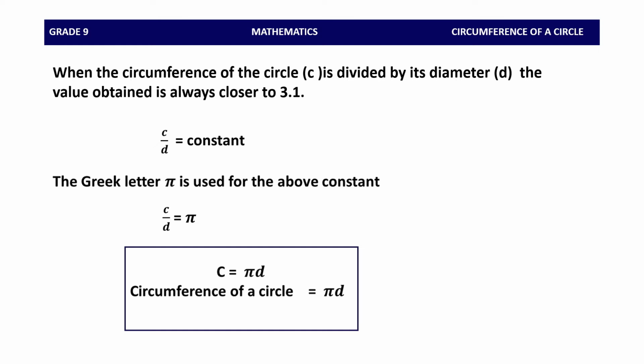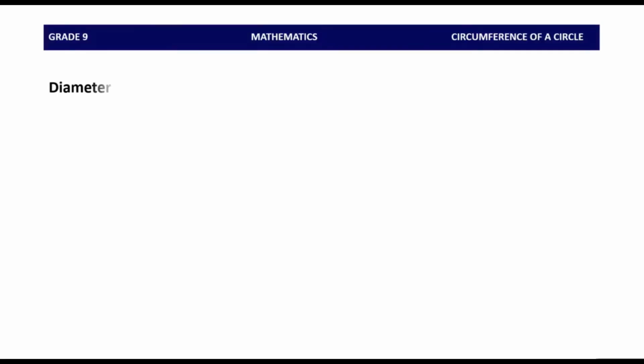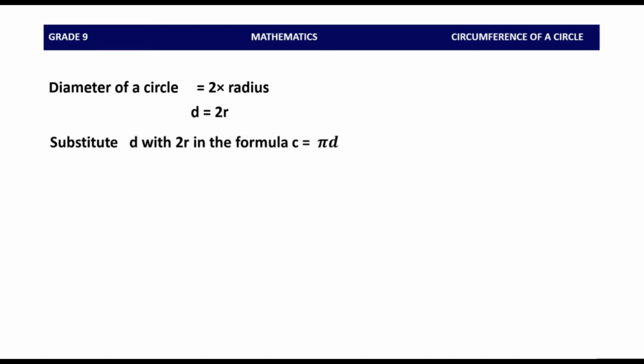And you know, for any circle the diameter is 2 times the radius. So we can write D equal to 2r. Substitute D with 2r in the formula C equal to pi D that we obtained earlier.